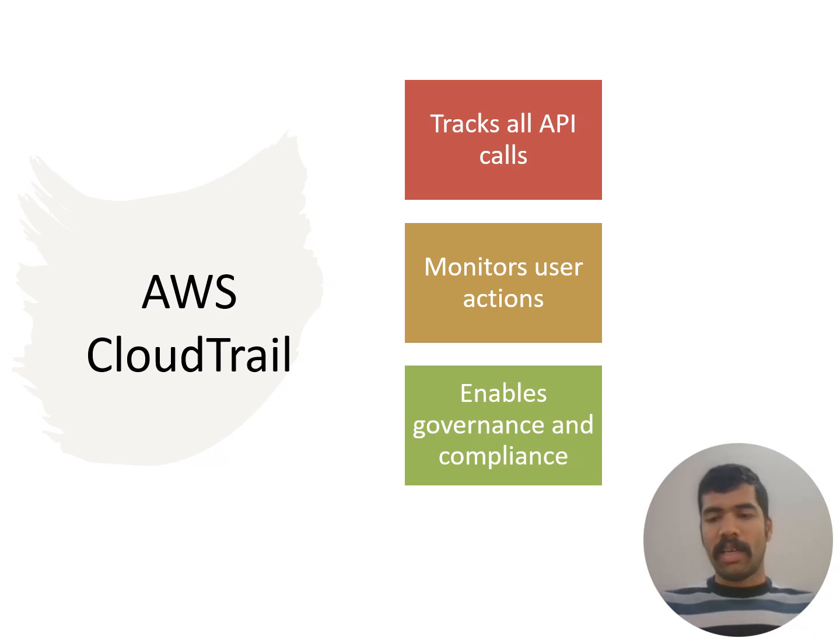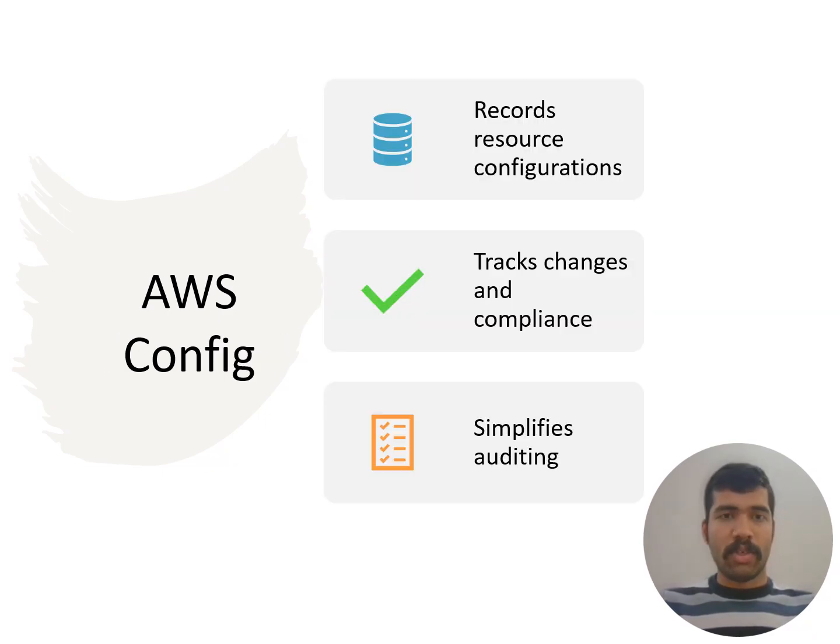Okay, that's about it. Now let's move on to our next topic, which is AWS Config. By the name, it rings a bell: AWS configuration. This is nothing but a service that continuously records resource configurations and evaluates them against defined compliance rules.